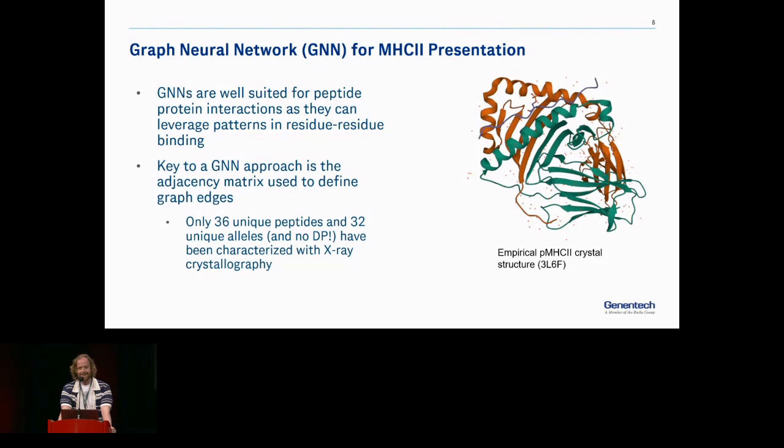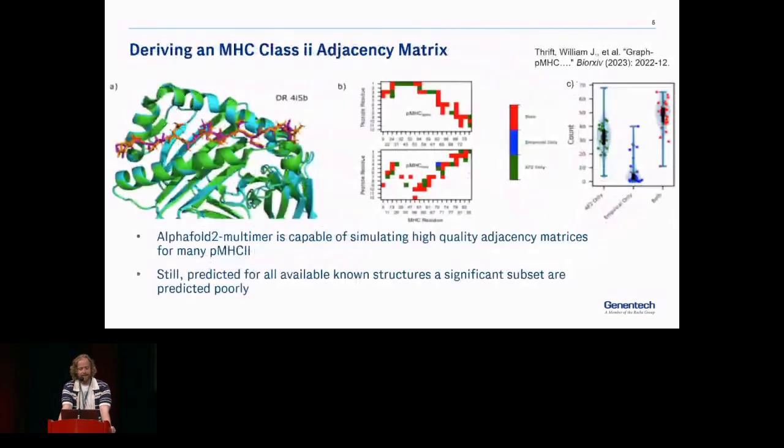You're obviously not going to get that from crystal structures unless you want to spend an eternity getting a million of these. But fortunately, with AlphaFold 2 multimer and other techniques, you can now simulate structures between peptide and MHC class 2. And it does a reasonably good job, but it tends to overpredict adjacencies.